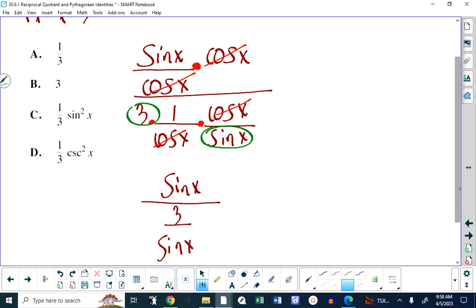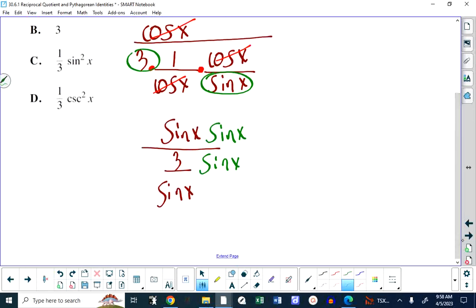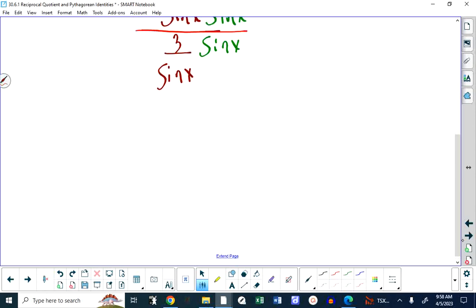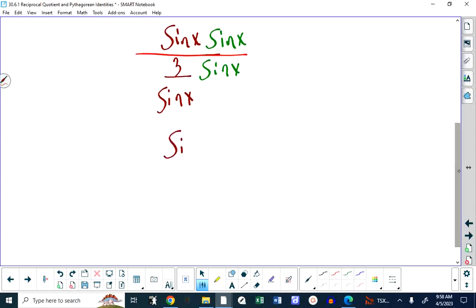So now I have a complex fraction. I'm going to multiply the top and the bottom by sine of x to get rid of that denominator in the denominator. And I'm going to be left with, in the numerator of this entire fraction, sine squared of x. And then on the bottom, I have 3.